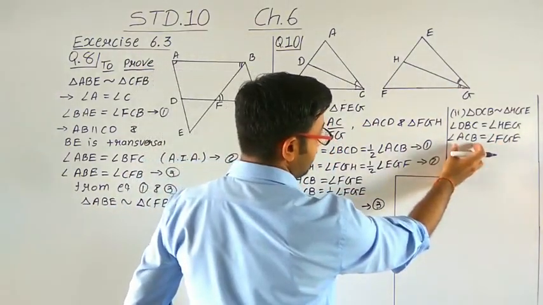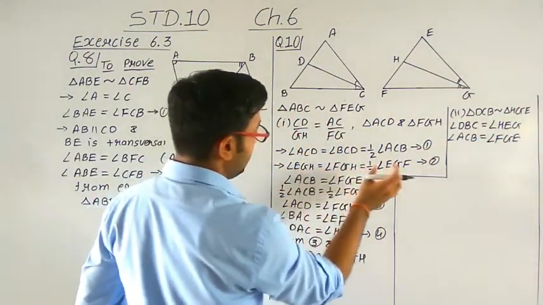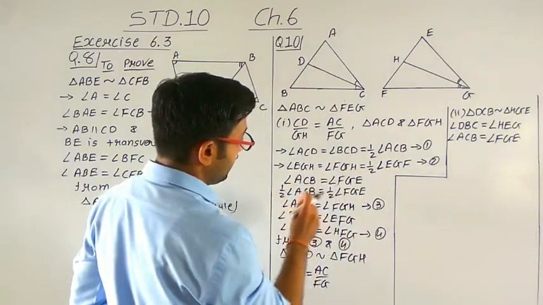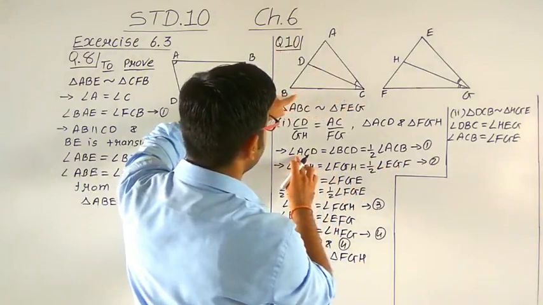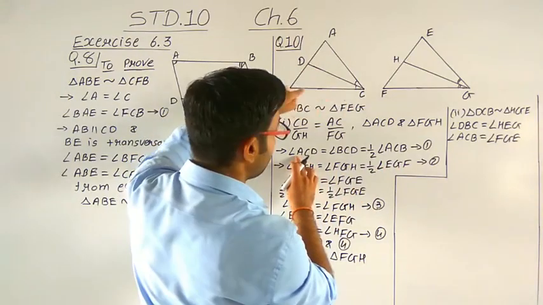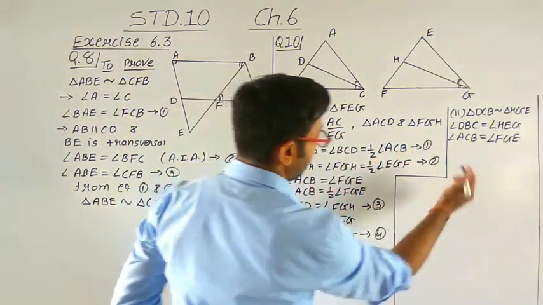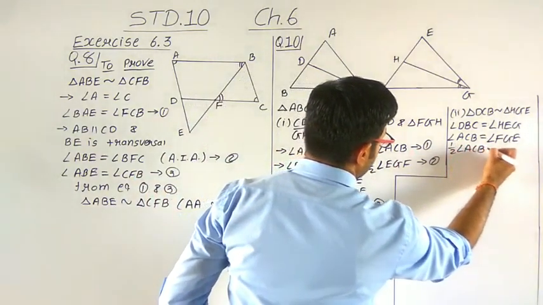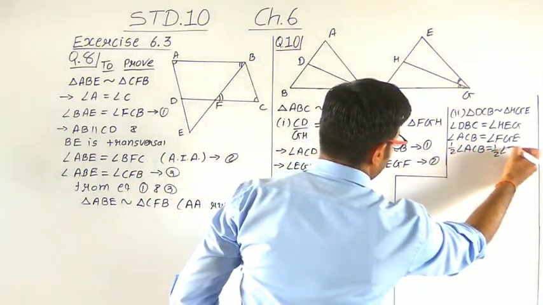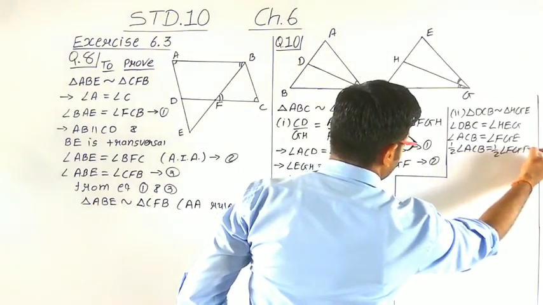Now, angle ACB is divided into two parts. So if we take 1/2 of angle ACB, here also we have to take 1/2 of angle FGE.